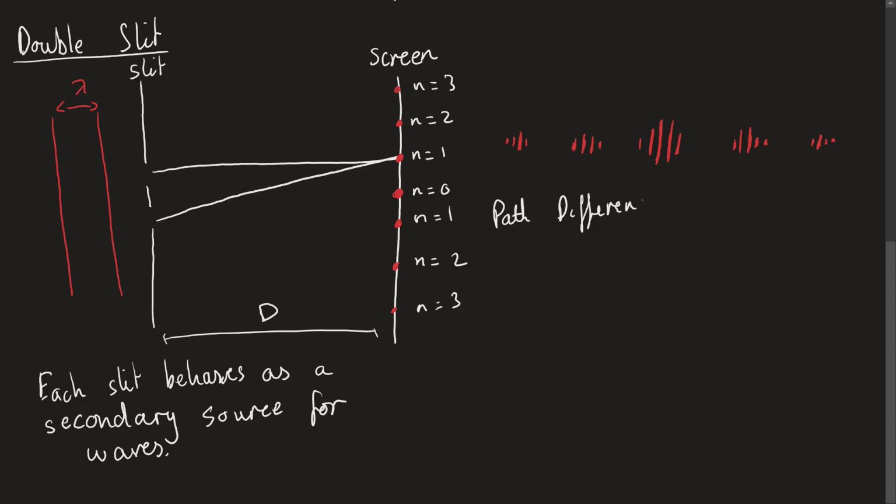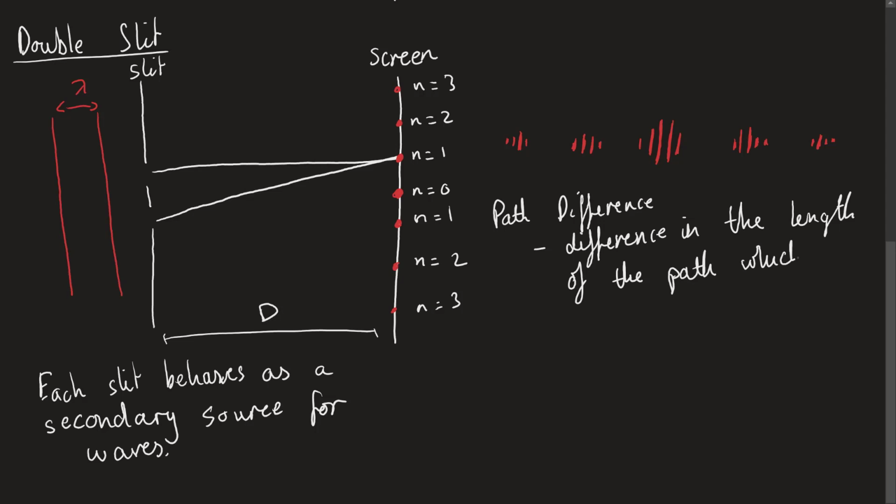A path difference is just a difference in the length of the path that light is taking, or let's generalize it to the wave.